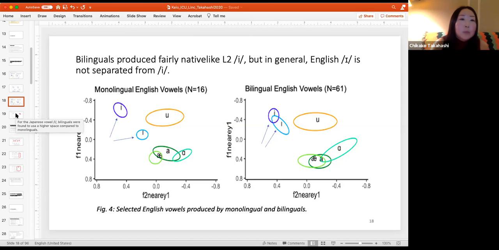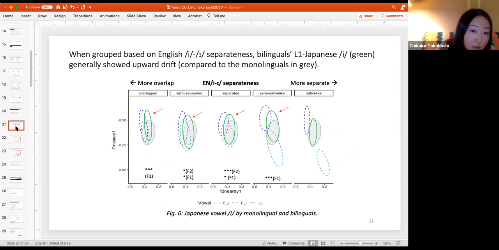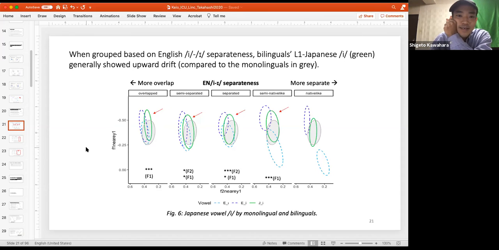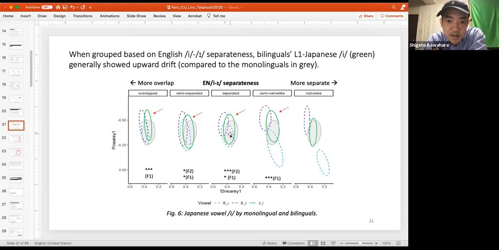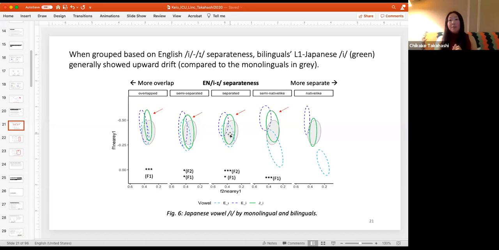Right. So I think it's because of, let me just, yeah, that slide. So my thinking is basically you really have to lower your I to produce English I. And then the main difference here is basically F1.